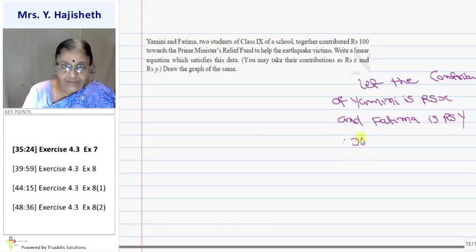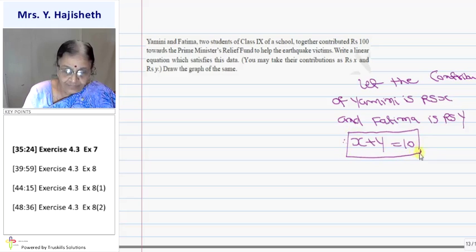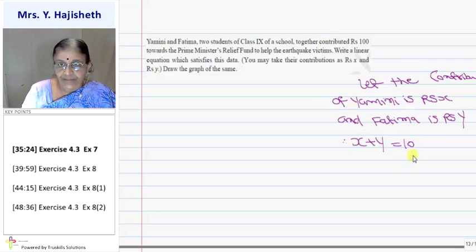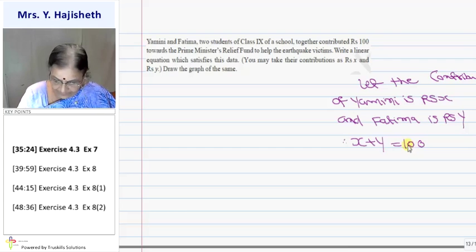So x plus y is 100. This is my linear equation for this information, okay? So total contribution is 100.